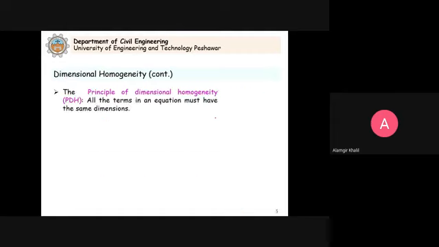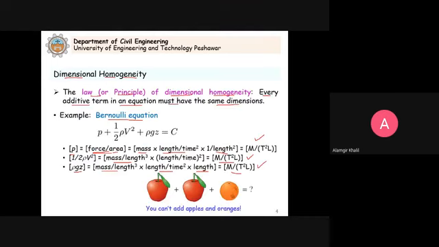The main advantage is that when an equation is dimensionally homogeneous, it is independent of the system of units. You can use any system of units, the shape will not change.